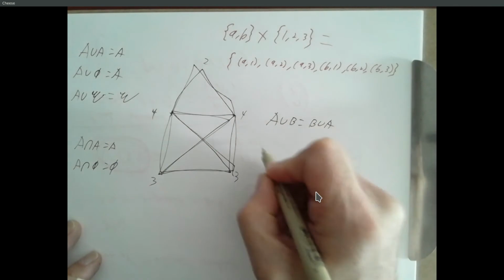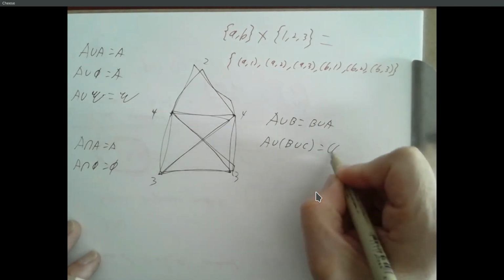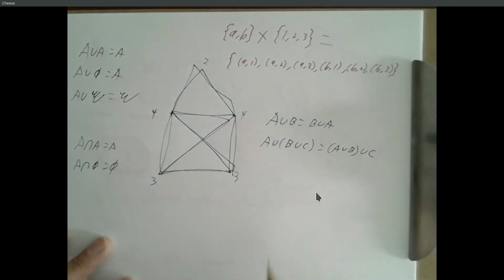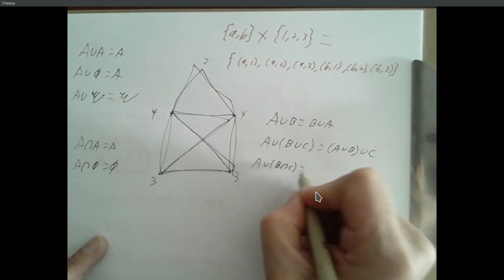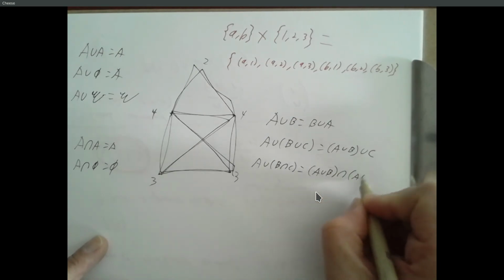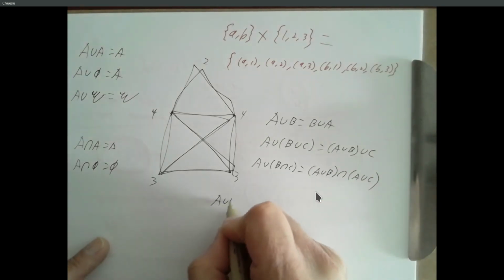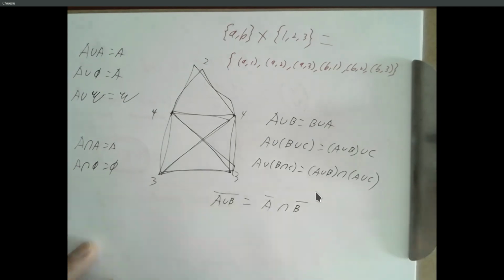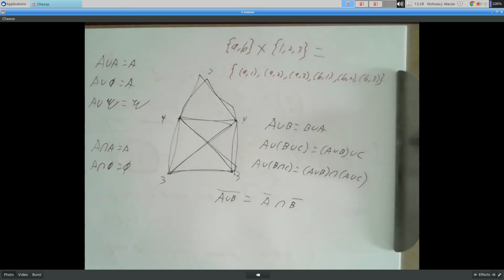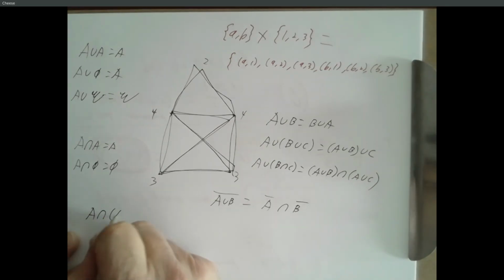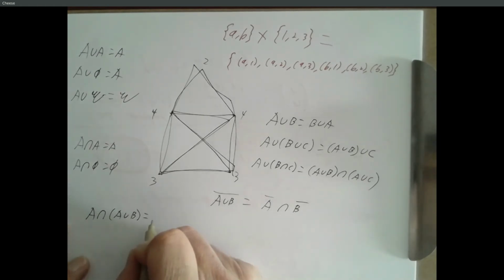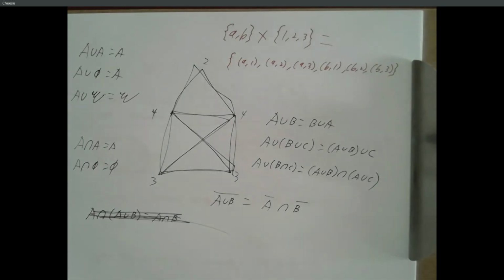Things like commutativity, associativity, distribution, and of course, good old De Morgan, which comes in two flavors. There's also an absorption property. I think that's just A.